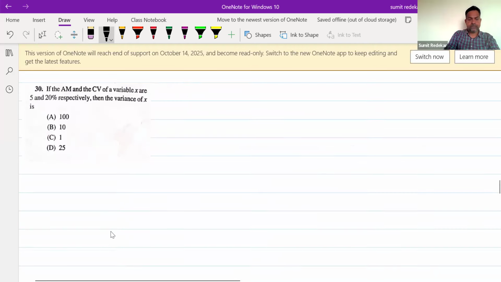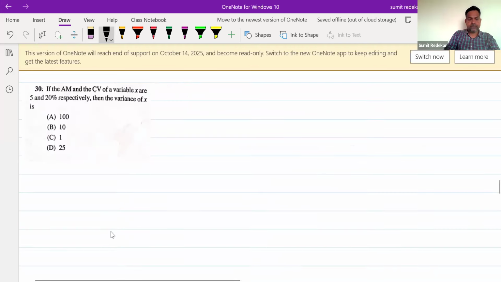30. The AM and CV of a variable x is 5 and 20. Then the variance of x is. So we know that the coefficient of variation is the standard deviation upon the mean into 100.